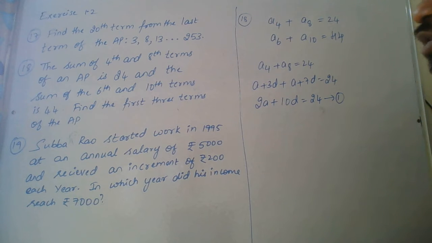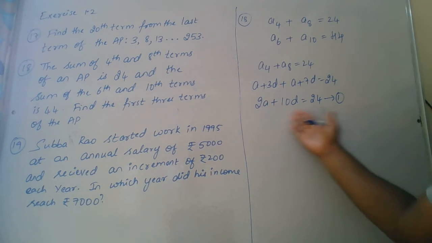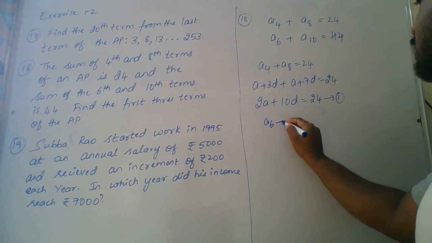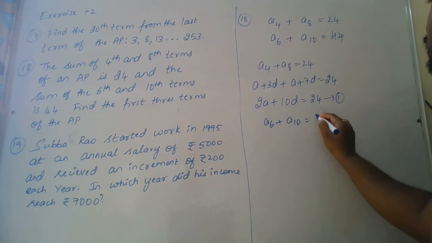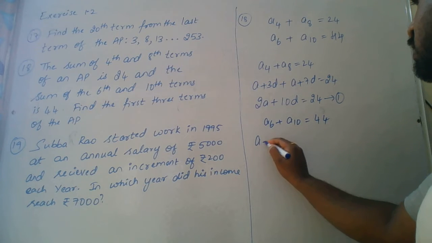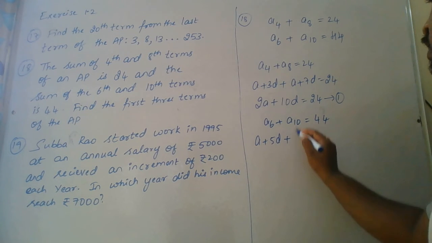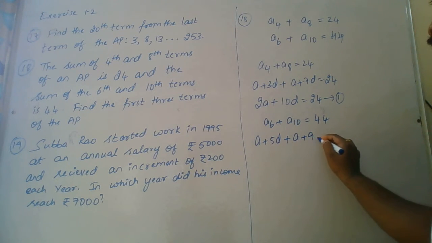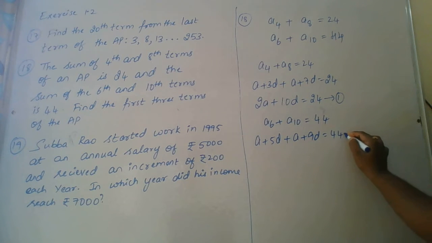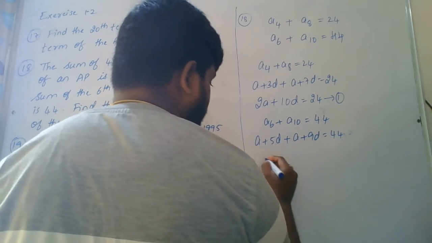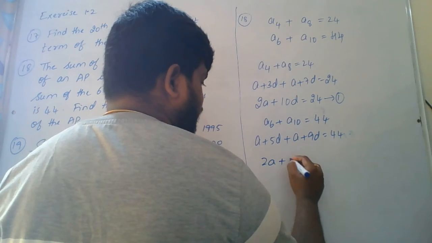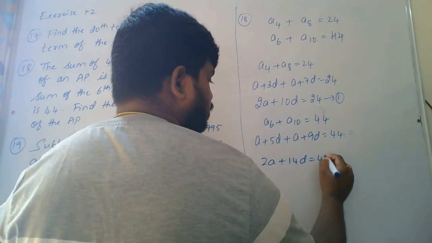This is equation 1. Similarly, A6 plus A10 equals 44. A6 is A plus 5D, A10 is A plus 9D, equals 44. Simplifying, A plus A is 2A, 5D plus 9D is 14D, equals 44. This is equation 2.